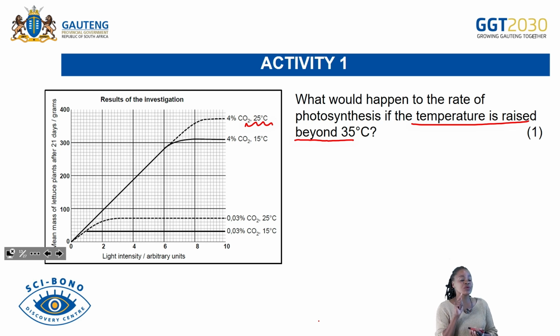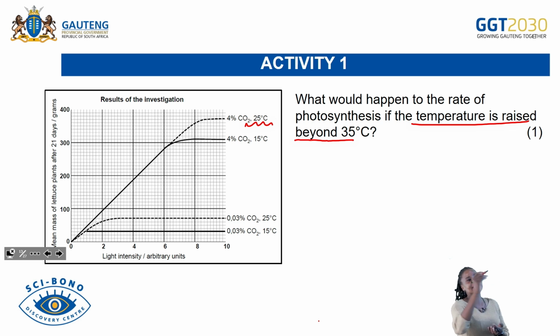Very good. So what will make enzymes to be inactive? Temperature. When it's low. When temperature is low, it will make the enzymes to denature. Perfect.